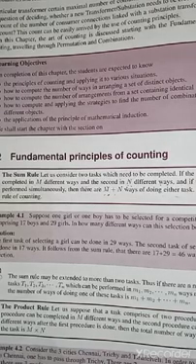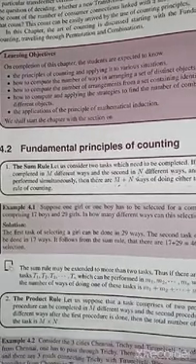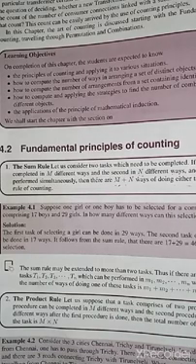So this is the sum rule of counting. I'll explain with an example. Take example 4.1. Suppose one girl or one boy has to be selected for a competition from a class comprising 17 boys and 29 girls. In how many different ways can this selection be made? Arrangement of objects or counting all comes under the fundamental principle of counting.